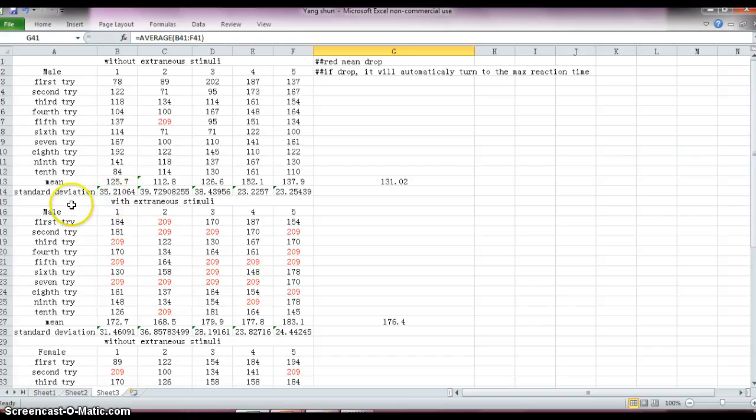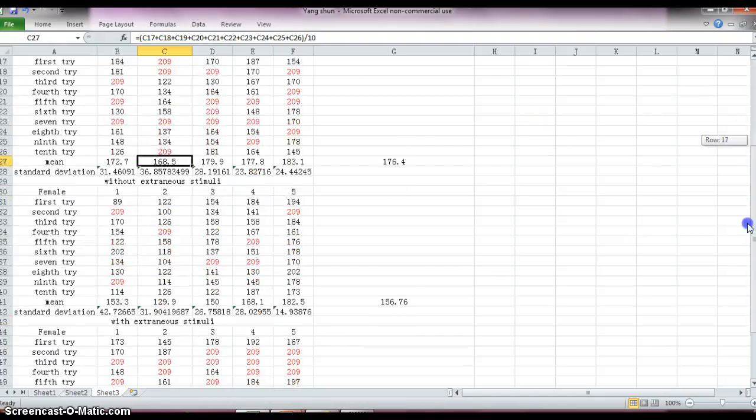If we add the stimuli, we can see the difference between the means. There is a difference between 152.7 and 172.7. It is almost 50 milliseconds. So you can see the difference between with stimuli and without stimuli.